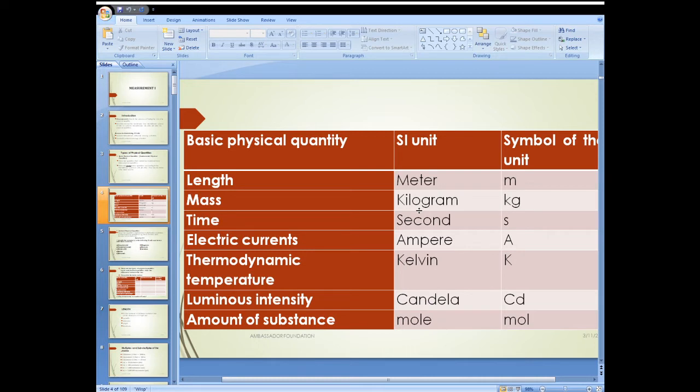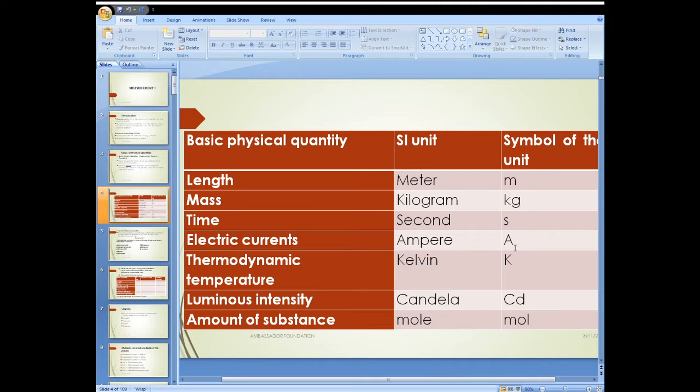This table is showing us the 7 basic physical quantities. We have length, mass, time, electric current, thermodynamic temperature, luminous intensity, then amount of substance. So we have the SI unit and we have the symbol of the SI unit.